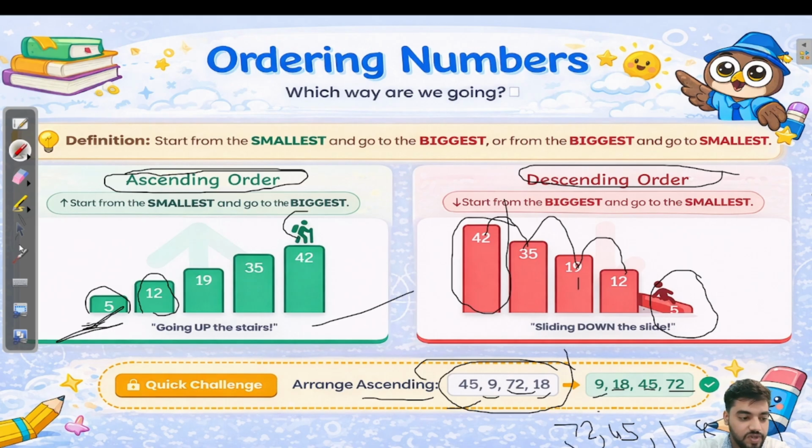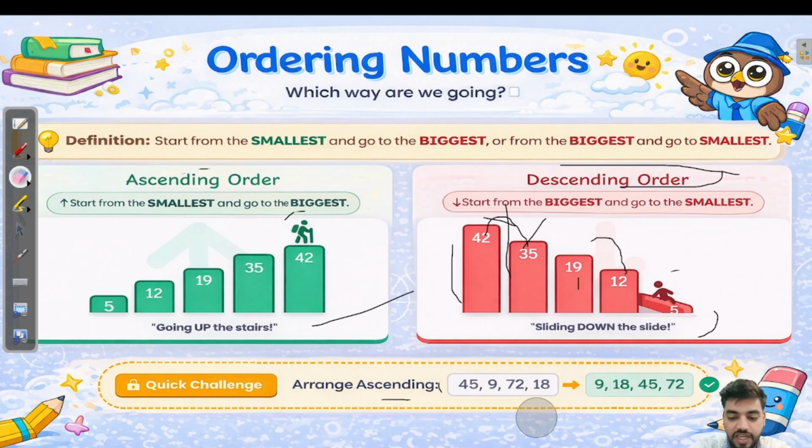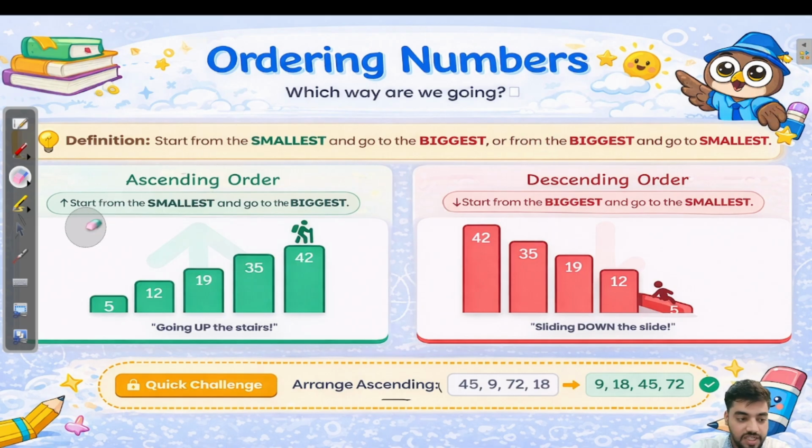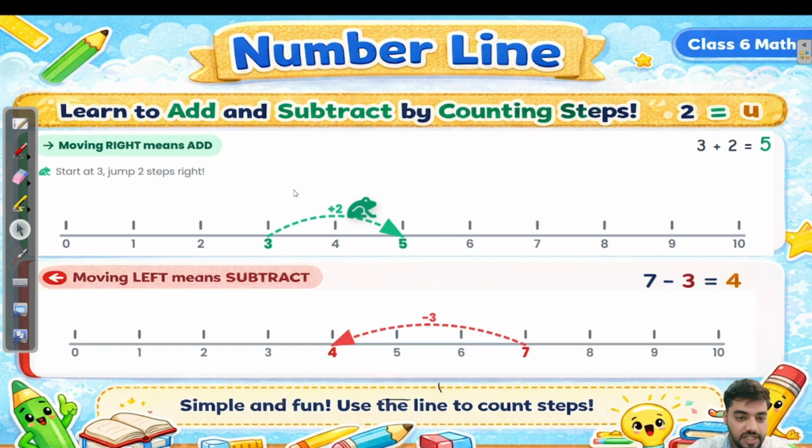So in this you understand about ordering of numbers. Now you can easily tell which are descending and which are ascending orders. Now let's move forward to the next slide.